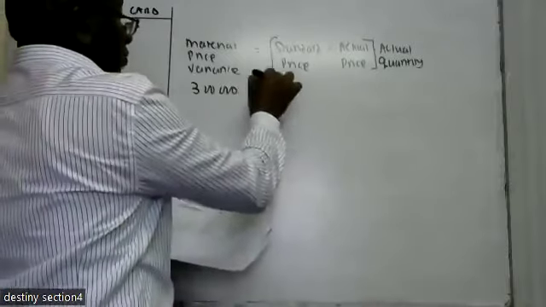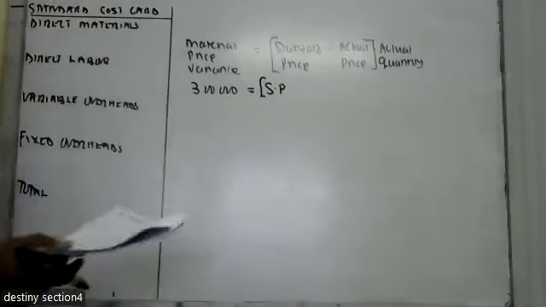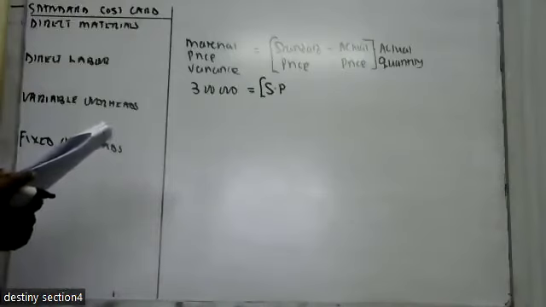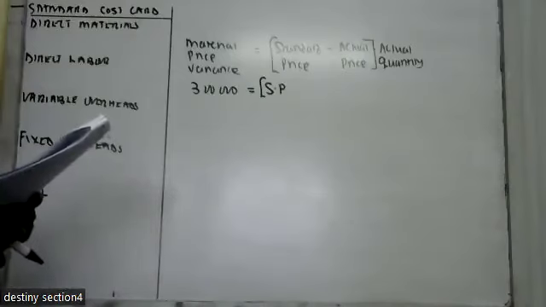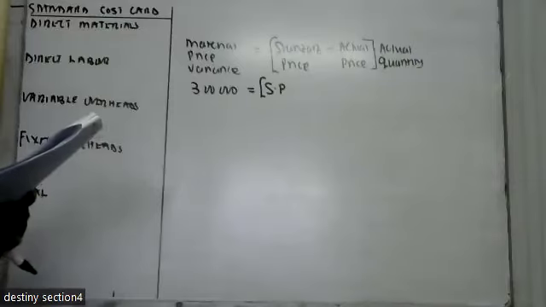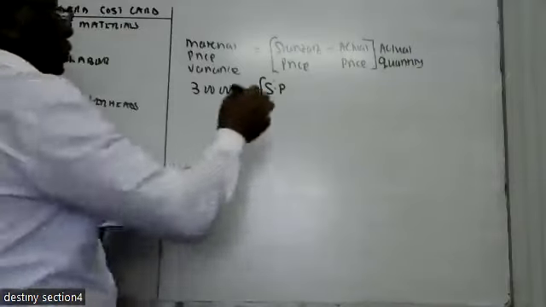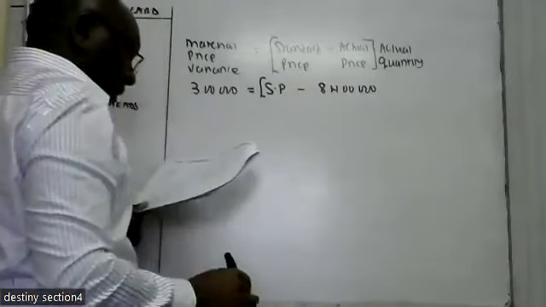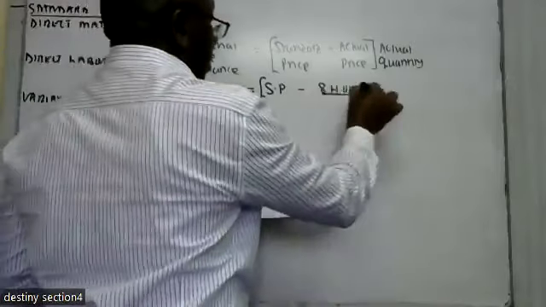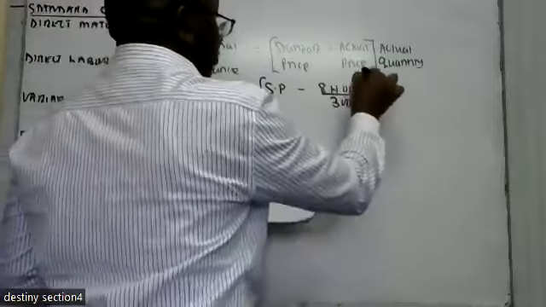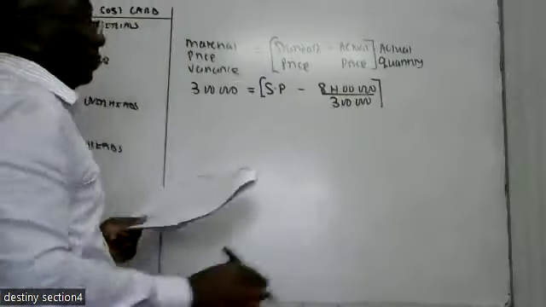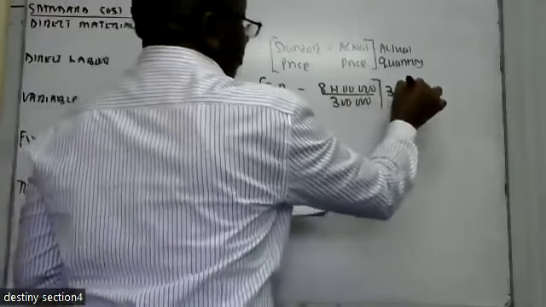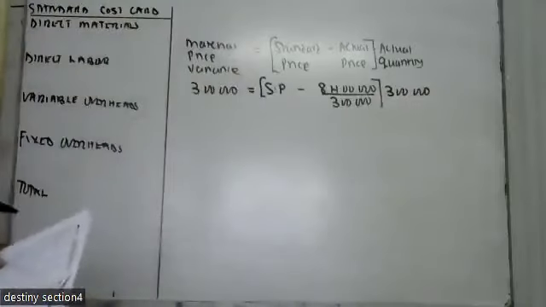We can use SP to represent standard price, minus the actual price. Going to materials, the direct material cost incurred was 8.4 million, and this was for buying 300,000 kilos. So you multiply by the actual quantity, 300,000.